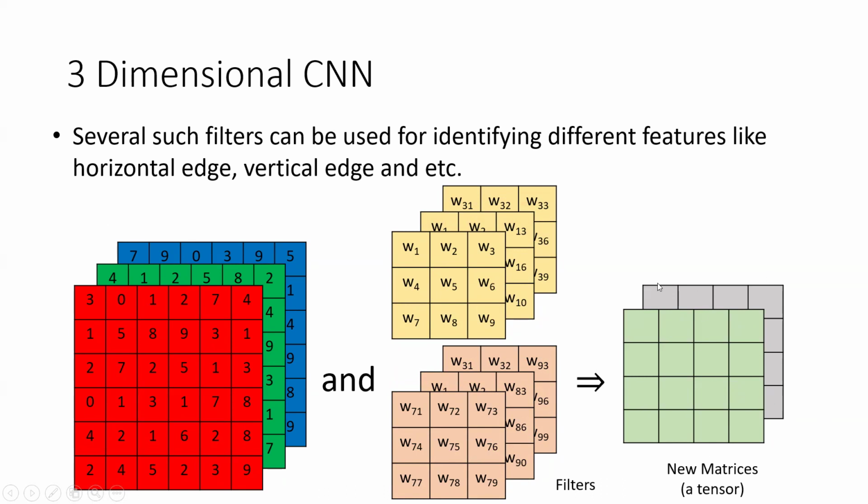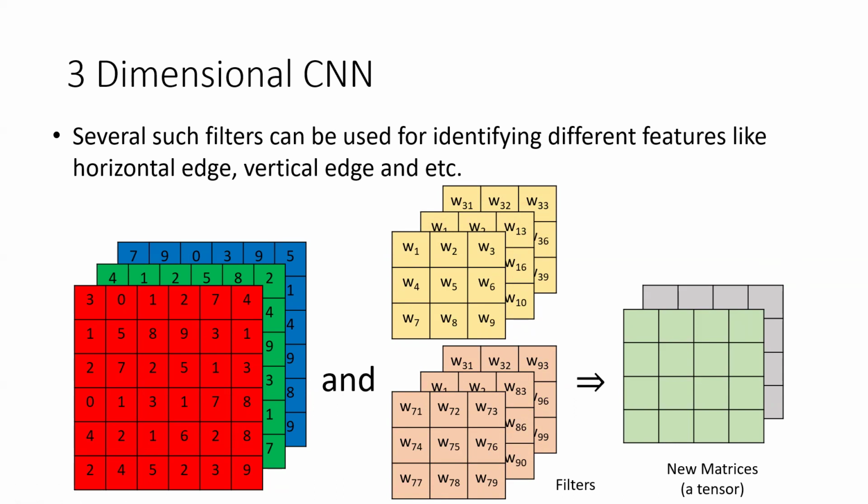So these output matrices will also be a tensor, which is also three-dimensional. If you have another filter, then there would be three, so there would be a depth of three. Right now it is also three-dimensional, but there are only two such matrices.